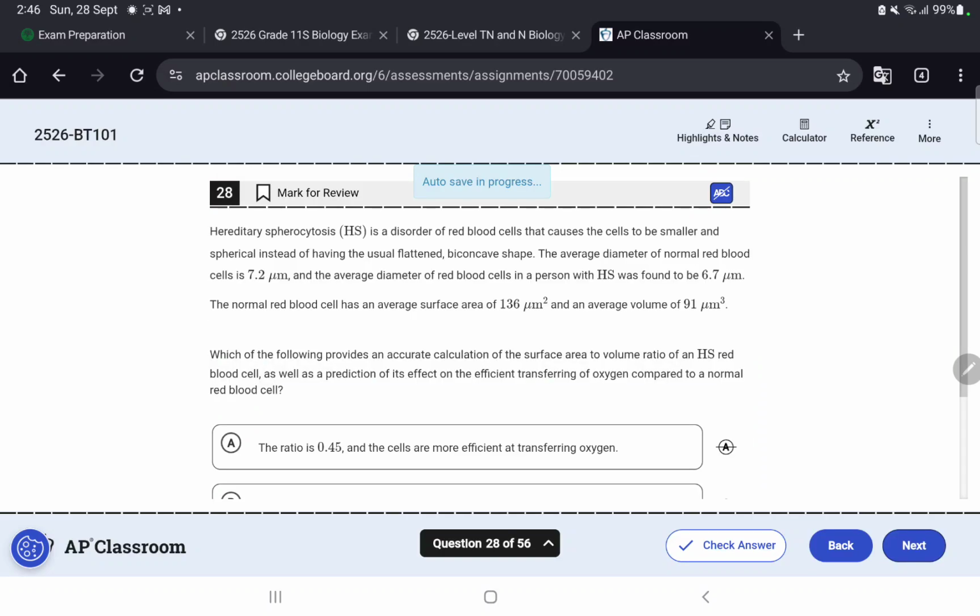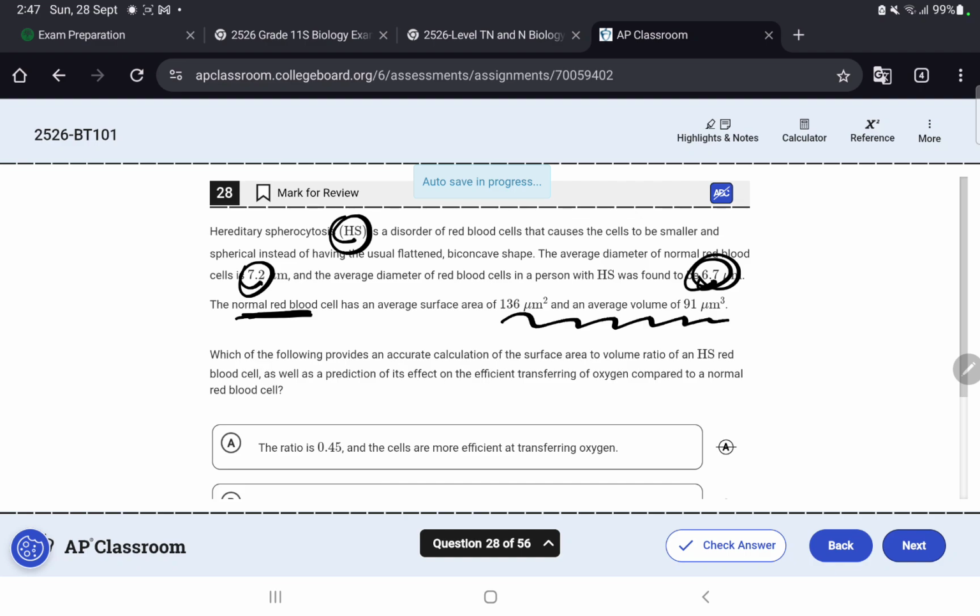Okay, so here, listen. This HS is a disorder in red blood cells, and it makes the diameter a bit smaller. So this is the normal diameter, this is the smaller diameter. Here they already gave you the information to find the efficiency of a normal red blood cell.